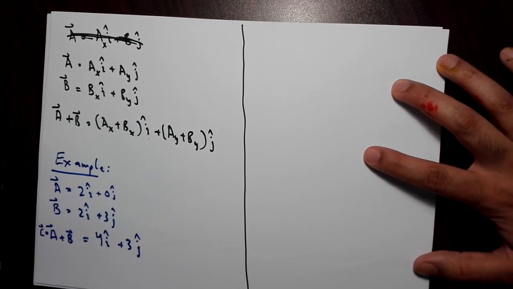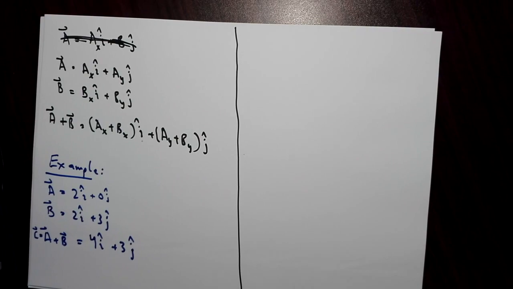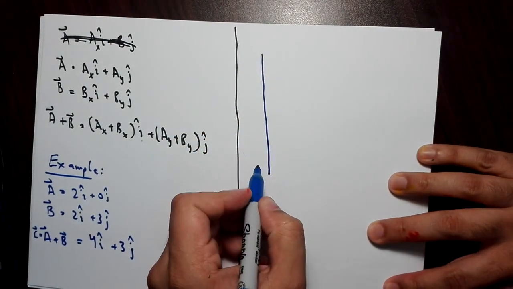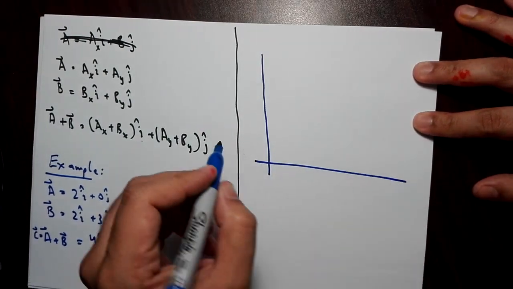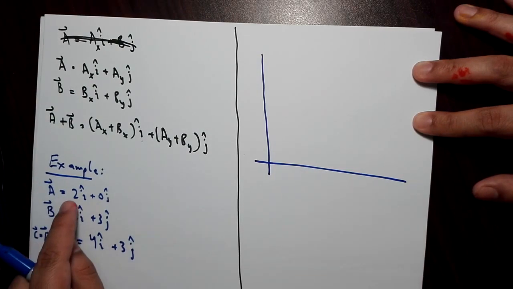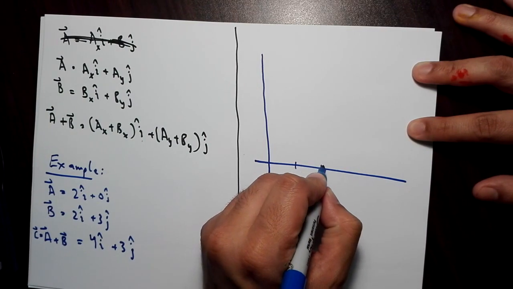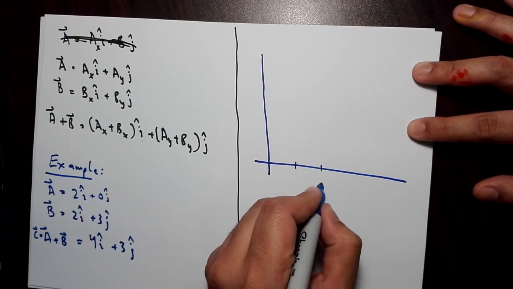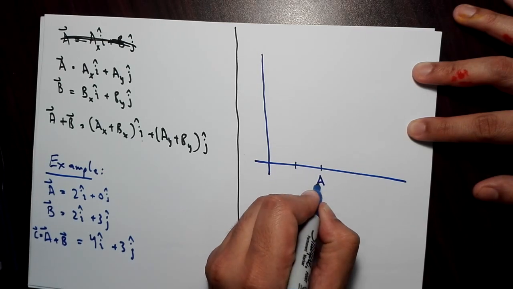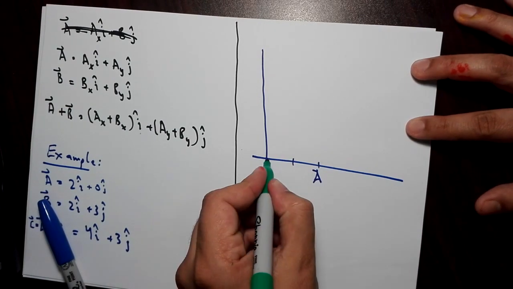Now, if you want to plot these vectors, you can also plot these. So let's make a rough sketch of how these vectors look. So the vector A only has an x component. So A is 2 units in the x, so 1, 2, so that's your A. Let's draw it like this.